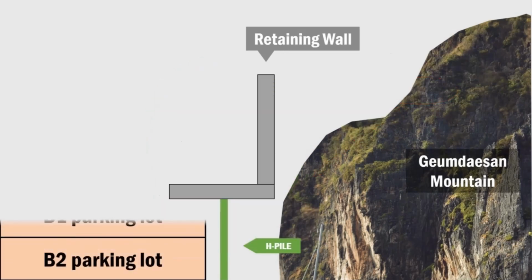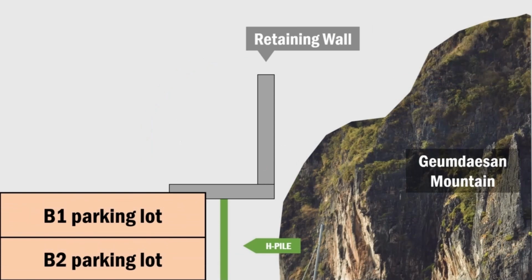The foundation plate of the existing retaining wall interferes with the structure in which the underground parking lot we will build will be built. So we cut off half of the existing foundation plate, but because of it, the retaining wall became unstable.